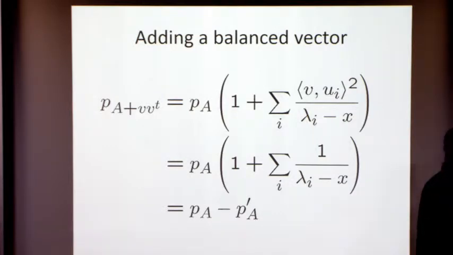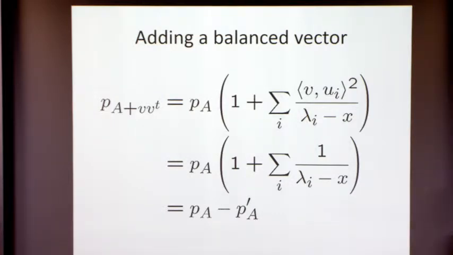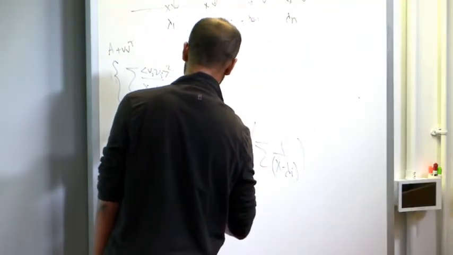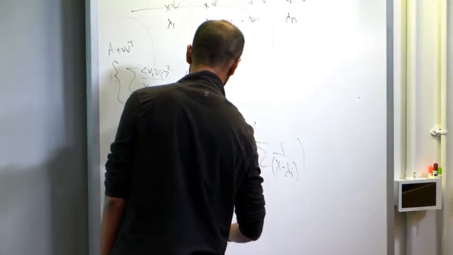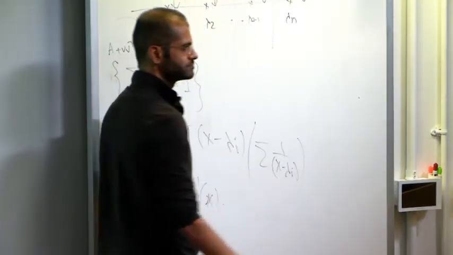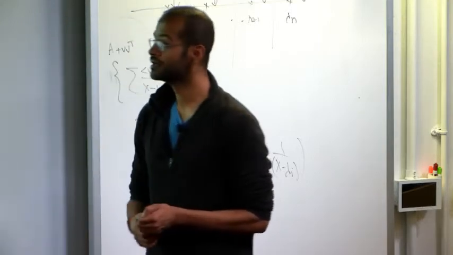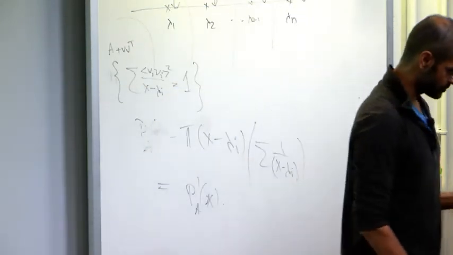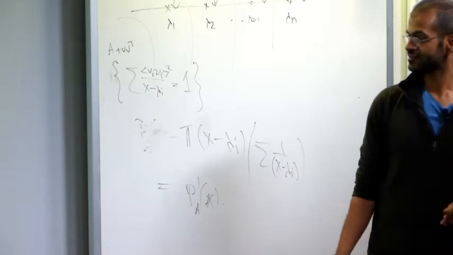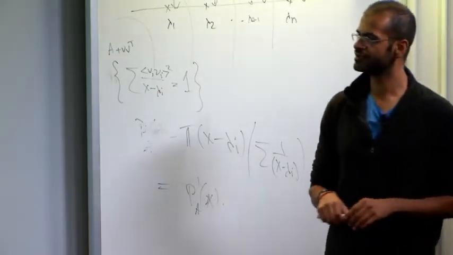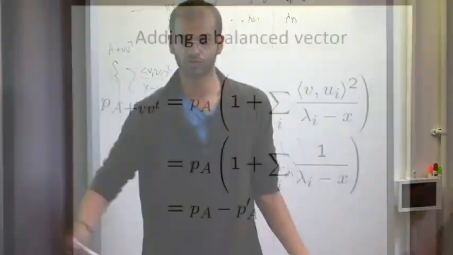So if I multiply this by this, I just get the derivative of P of A, because I get all the n minus 1 way products. So when I add a balanced vector, I subtract off the derivative of the polynomial, and the amount of the derivative I subtract is basically the norm of the vector.